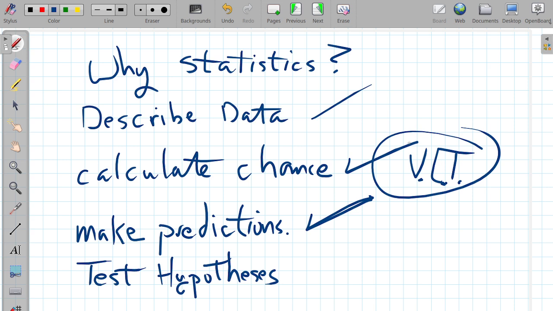Oftentimes in statistics, the application of statistics to, say, physics, you don't really want to write a paper saying that you found the next greatest thing until you can suggest that your discovery is extremely unlikely to have been a random event. And the way we measure that is in terms of sigmas.